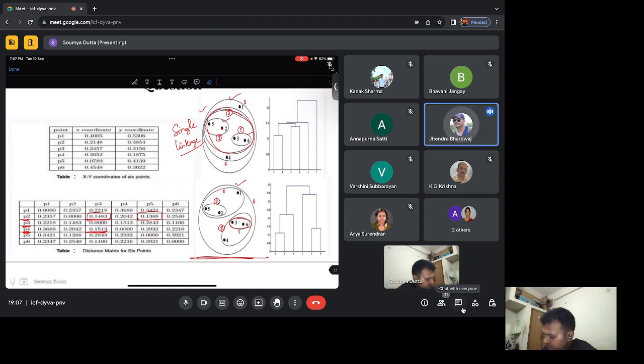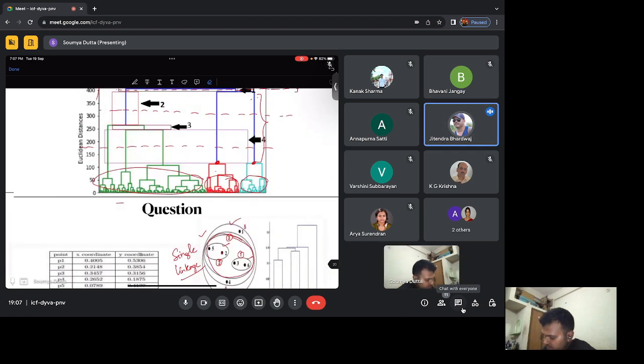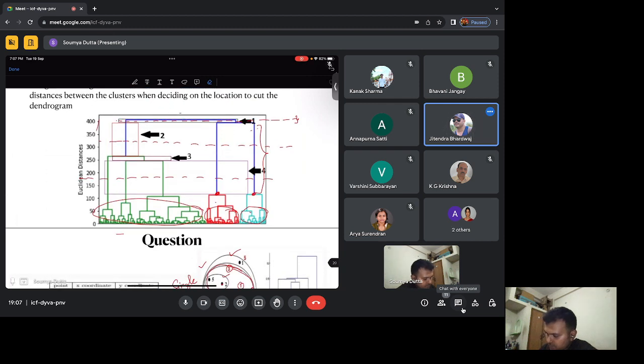In this case, all are linked. You should link all of them; you shouldn't leave out any point. Some outlier points directly go to the top, and that is fine.